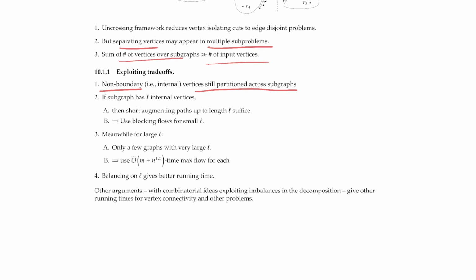And then balancing on L gives some better running time than if you had not done anything and just run max flow. Okay, so this is supposed to just be a flavor. There are other arguments, but at a high level, these combinatorial arguments that exploit imbalances, looking for interesting trade-offs, give other running times for vertex connectivity, as well as other problems.